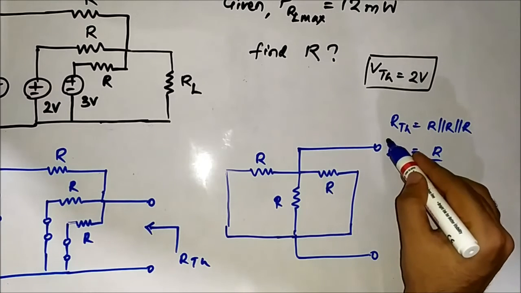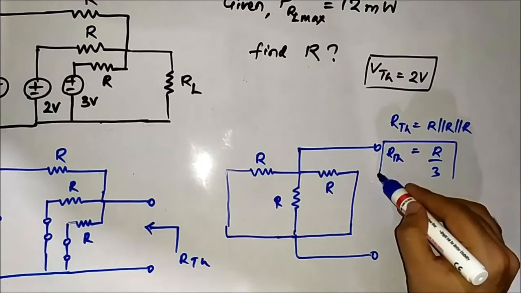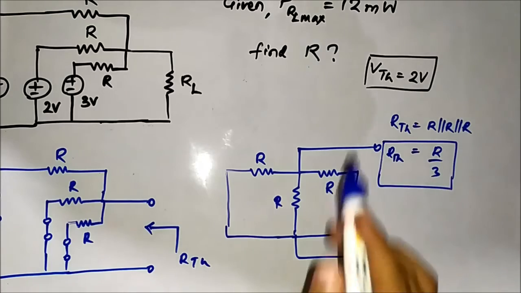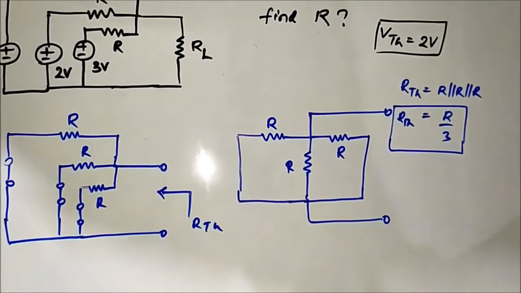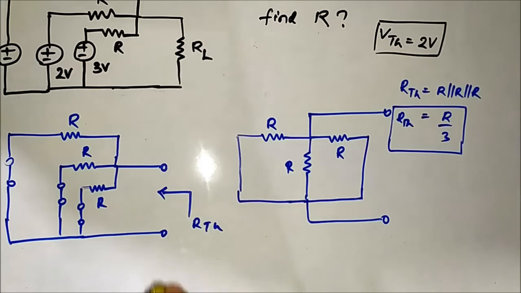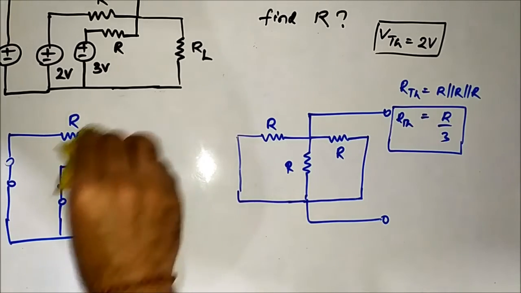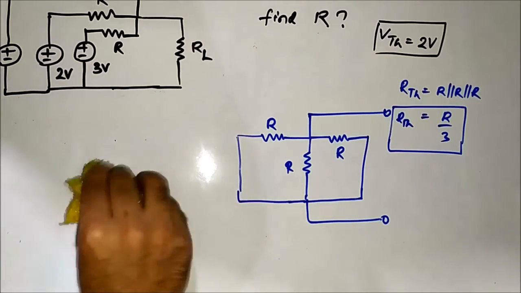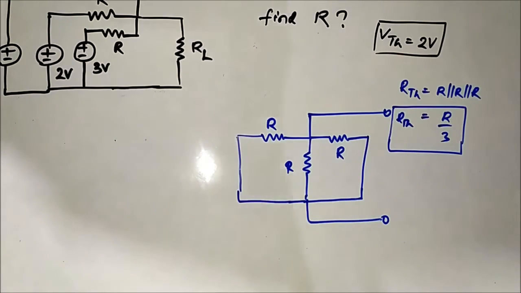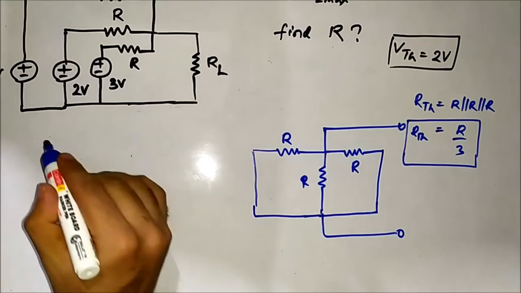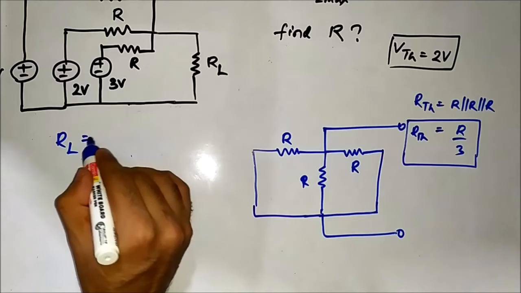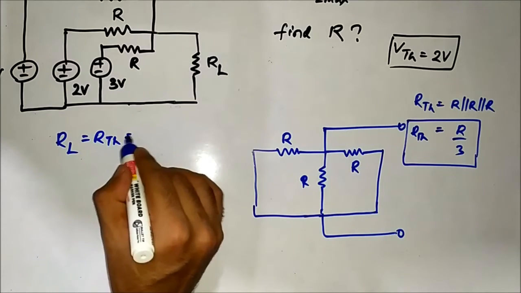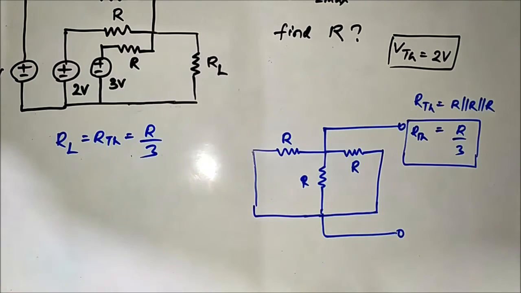Now it has been given that the maximum power transferred to the load RL is equal to 12 milliwatt. As per the statement of the maximum power transfer theorem, maximum power is transferred to the load if the value of load resistance is equal to the Thevenin resistance. So in this case, RL should be equal to RTH, which is equal to R by 3.